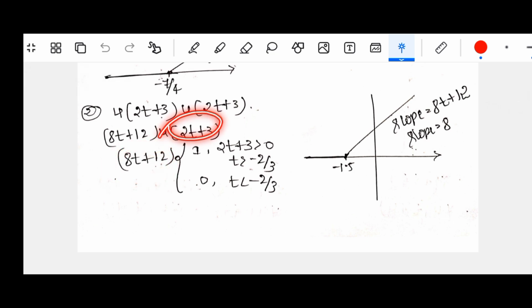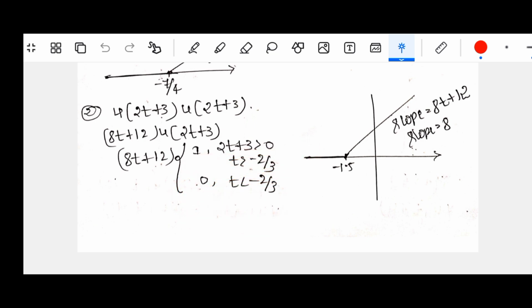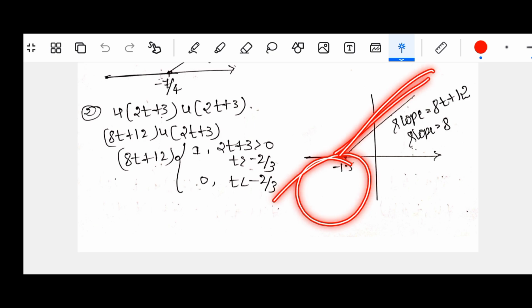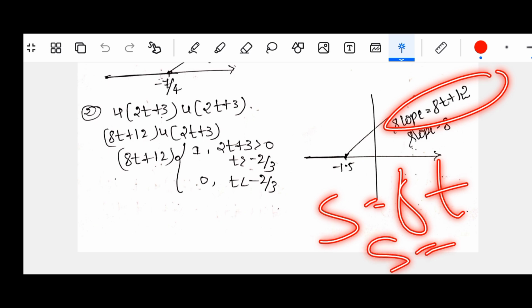Solve this equation: 2t plus 3 is equal to 0 means t is greater than minus 3 by 2, and 0 if t is less than that. So the value of minus 3 by 2 means minus 1.5. So it is moving along like this. To find the slope, s is equal to 8t means s is equal to 8. Therefore the slope will be 8.